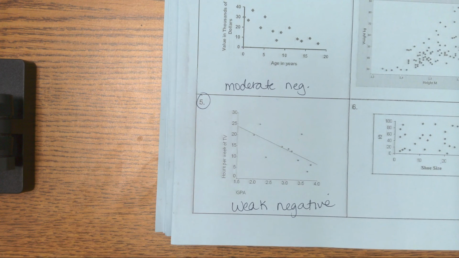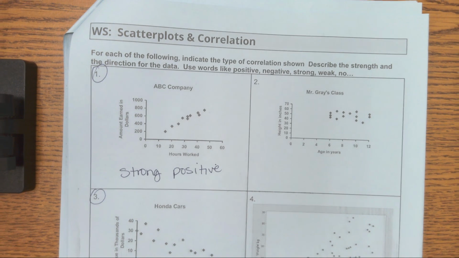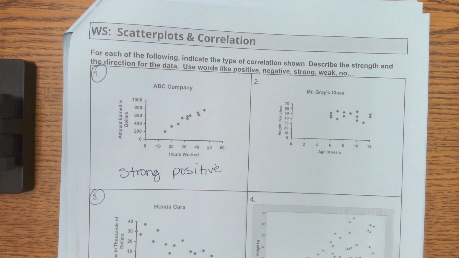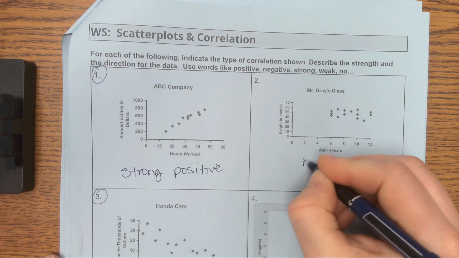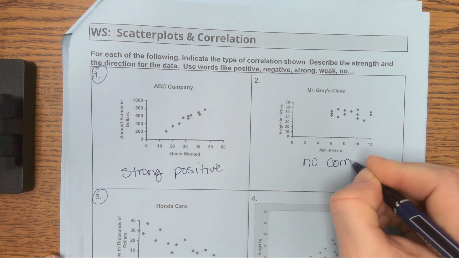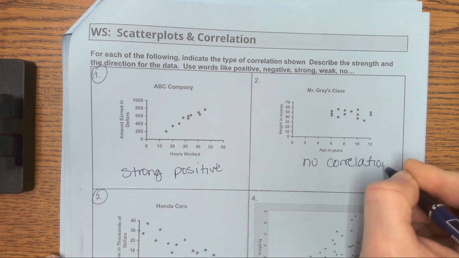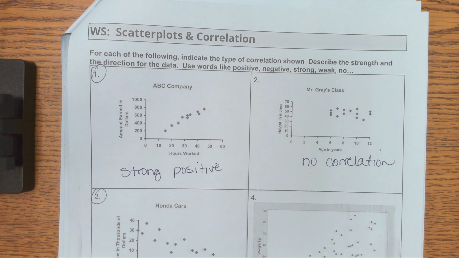All right, now that you have the feel of it, 2. You're my correlation expert. Go for it. There's no correlation. I don't think that data is going up or down, so I would call that no correlation.